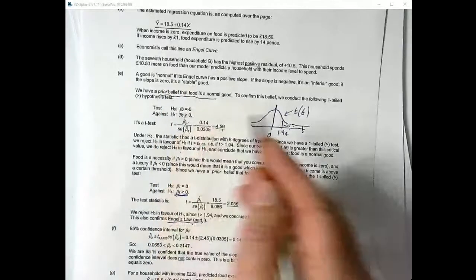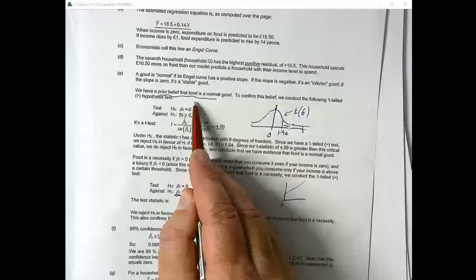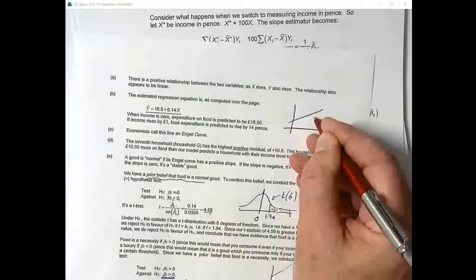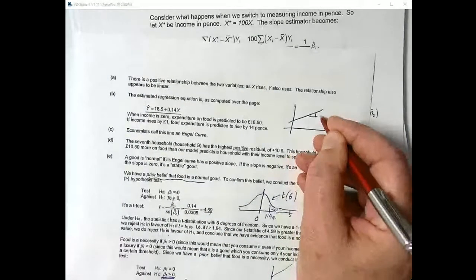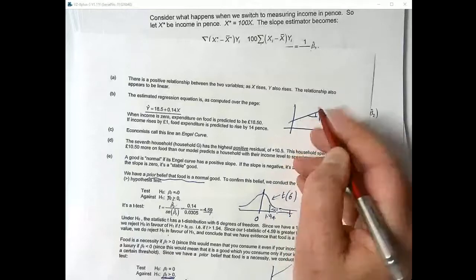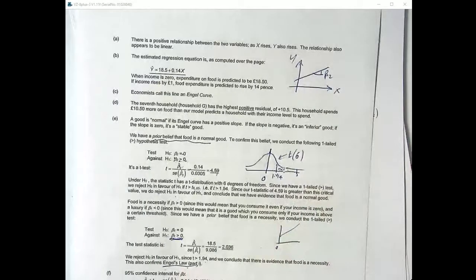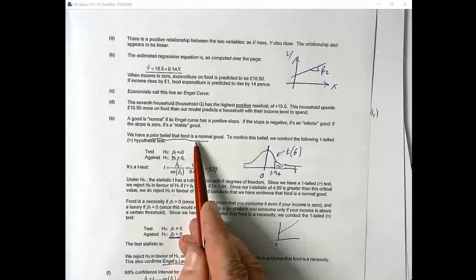In other words, if beta 2 is positive, the slope of the Engel curve, then the good is a normal good, because this is food expenditure and this is income. We have a prior belief that food is a normal good. So when we do our statistical test, all we want to do is confirm our prior belief. Are we right to assume that food is a normal good? That's what we're testing here.